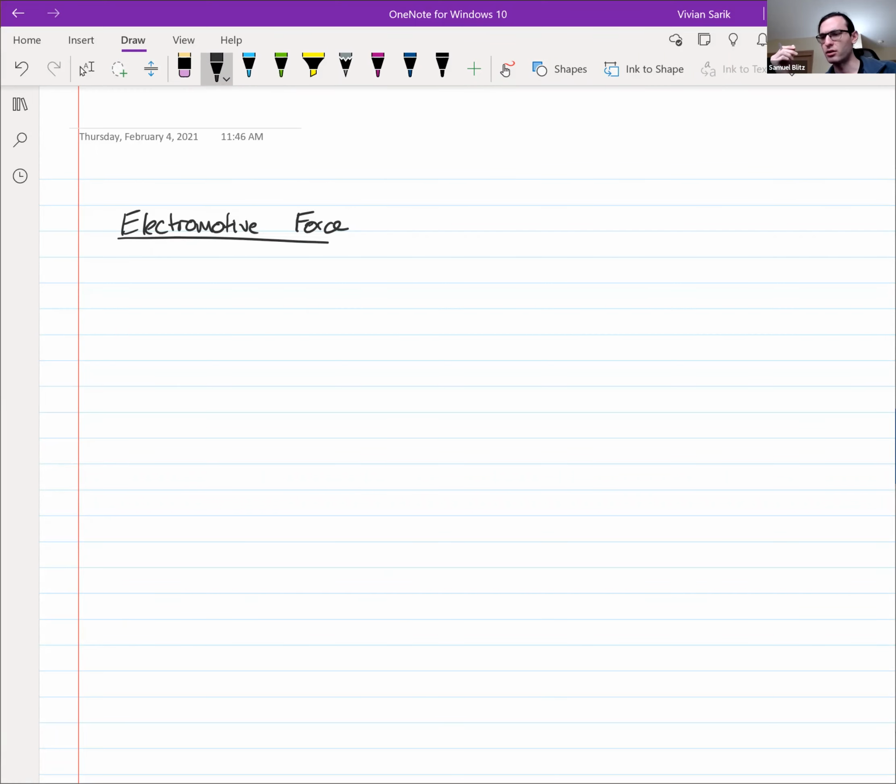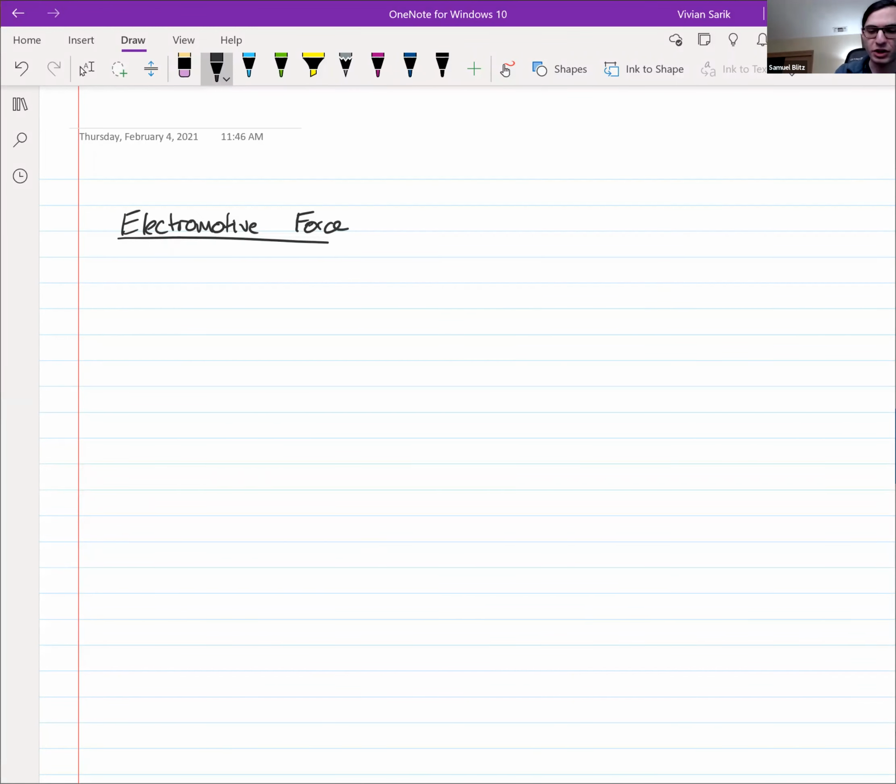So in order to establish that potential difference, you had to have moving charges already. So it seems kind of like a chicken-and-egg problem: in order to create a potential difference, you need charge flow, and in order to get charge flow, you need a potential difference. But in fact, that's not the case.